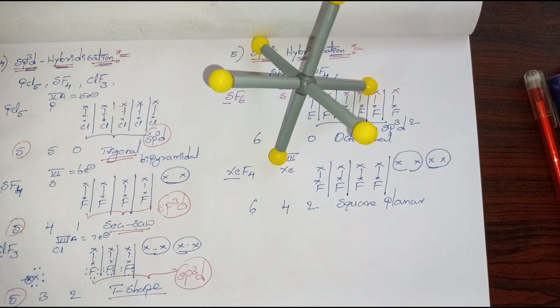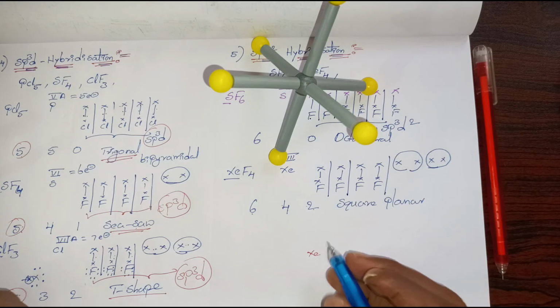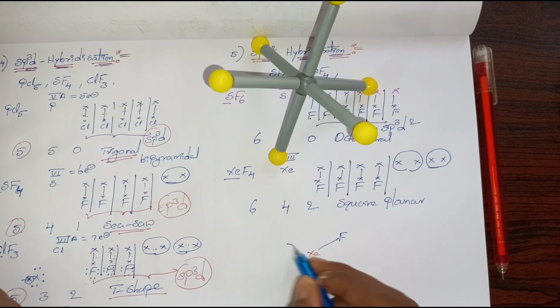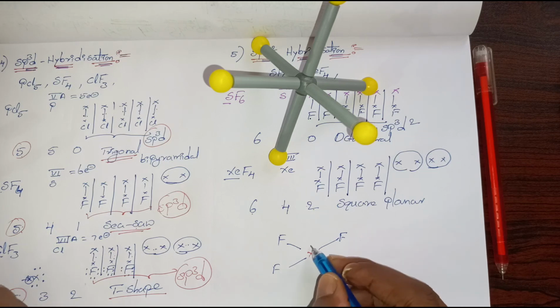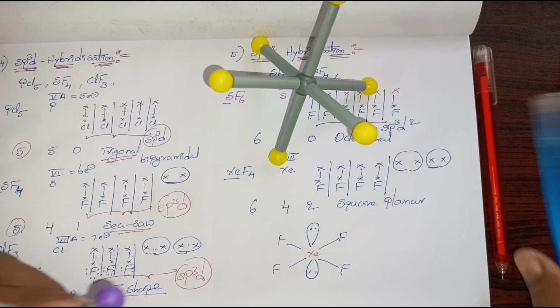Square planar means xenon with four fluorines around it at four corners. One lone pair is above the plane and another lone pair is below the plane.